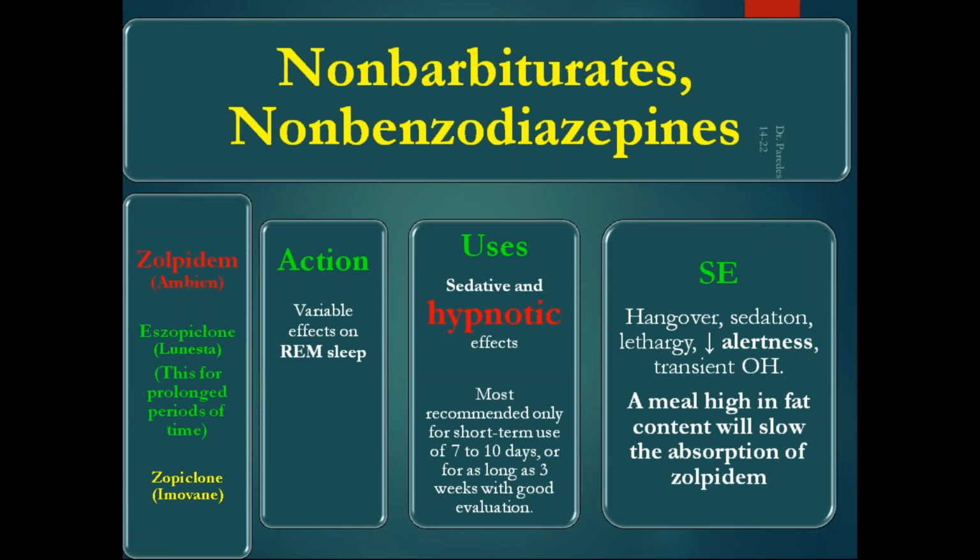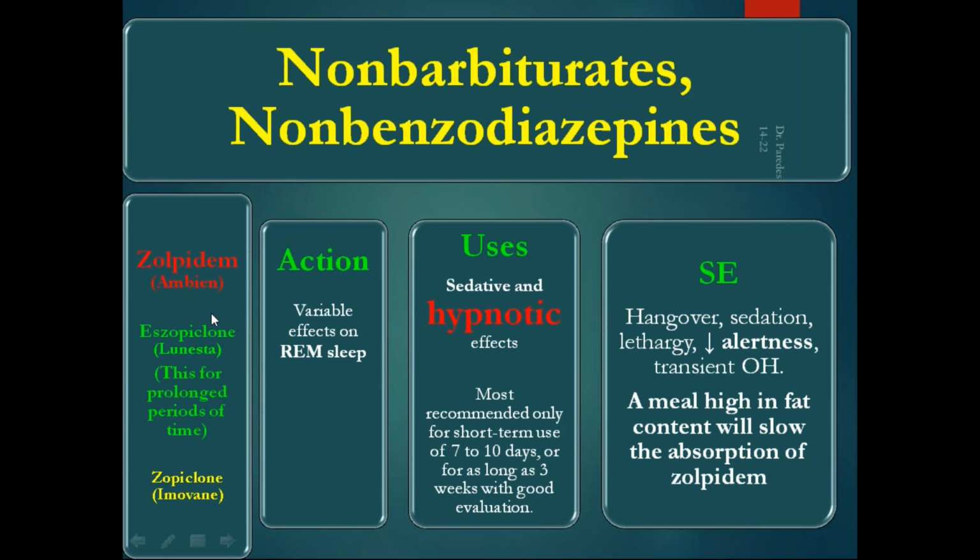The benzodiazepines are mostly used as sedatives. The barbiturates can be used for sedation and hypnosis. And these non-barbiturates can be used as sedative and hypnotic, but mostly we use them as hypnotic medication.